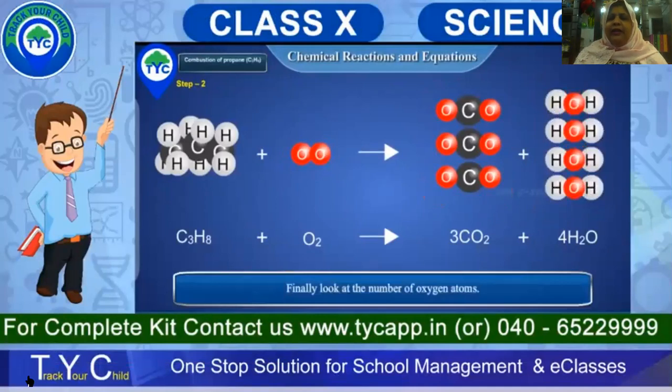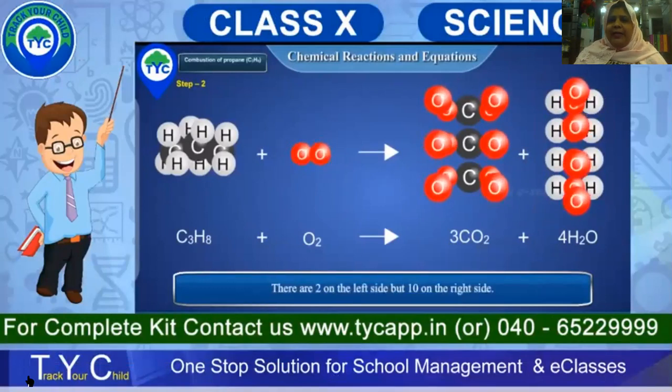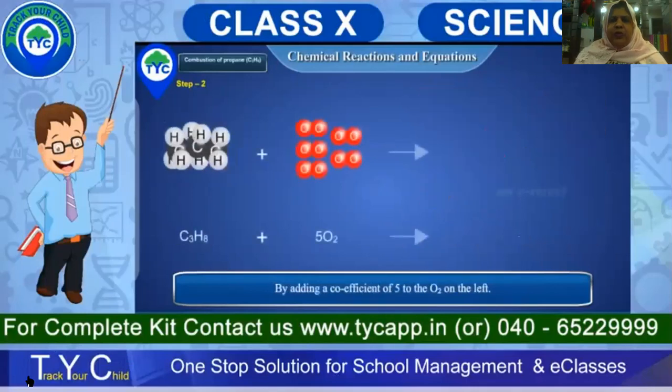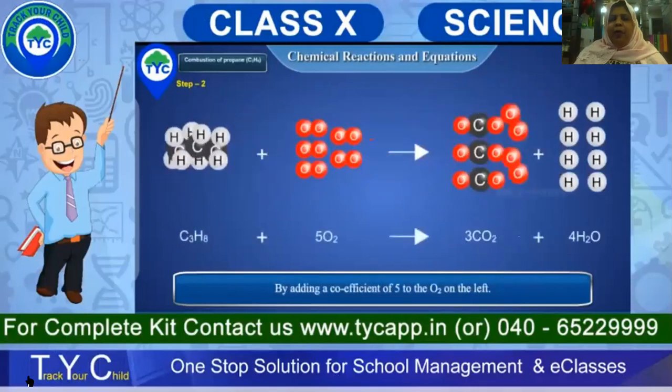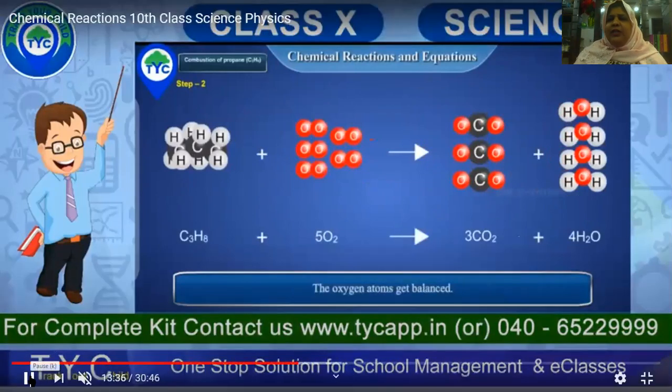Now finally look at the number of oxygen atoms. When we look at oxygen, we find that oxygen is not balanced. So what do we do? Propane plus 5 molecules of oxygen gives rise to 3 molecules of carbon dioxide plus 4 molecules of water.